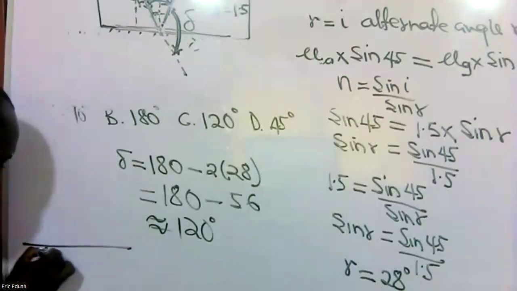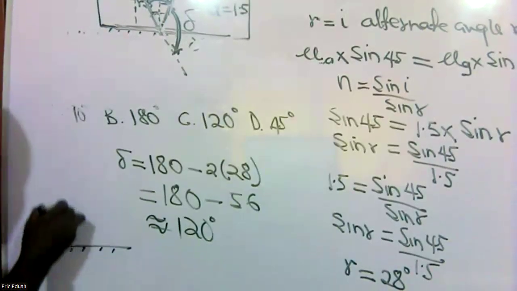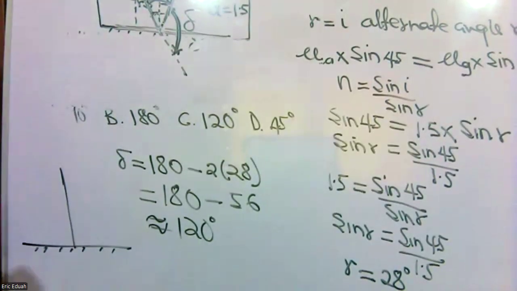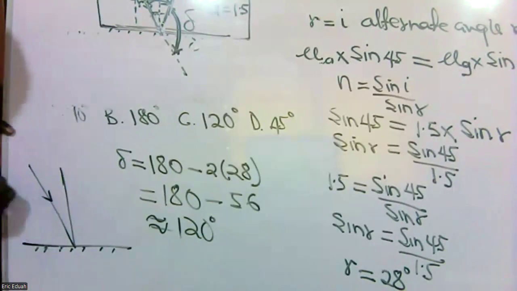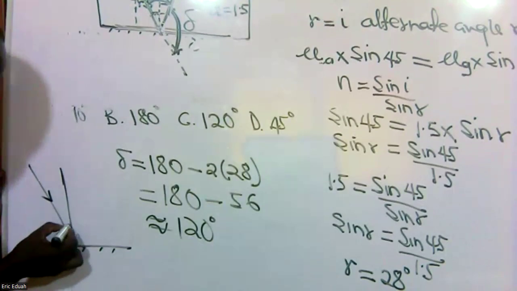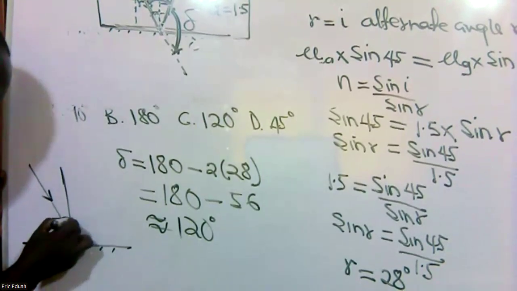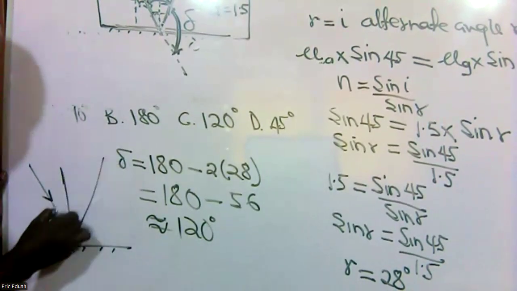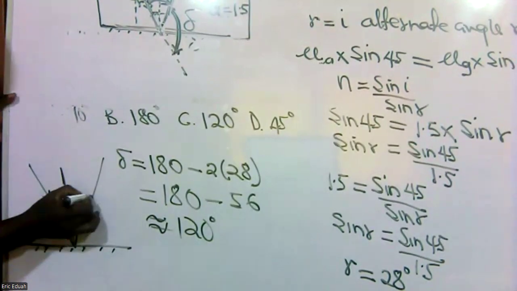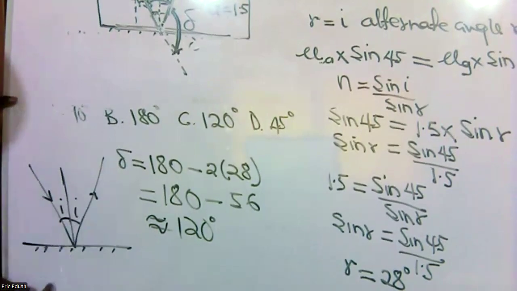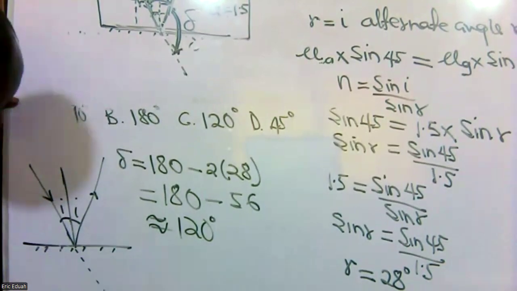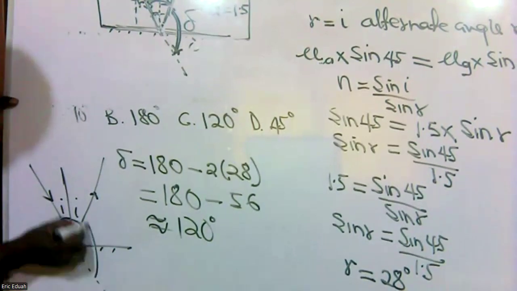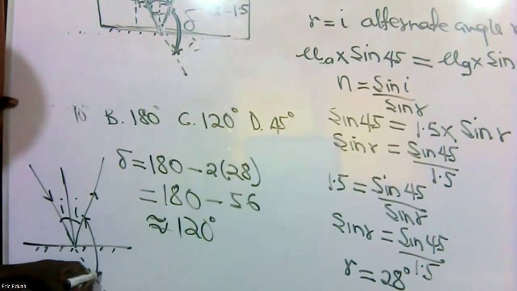This is a mirror. Normal. Angle of incidence, angle i. So if the ray is going here, and you want to determine this, we have this as the angle of deviation.